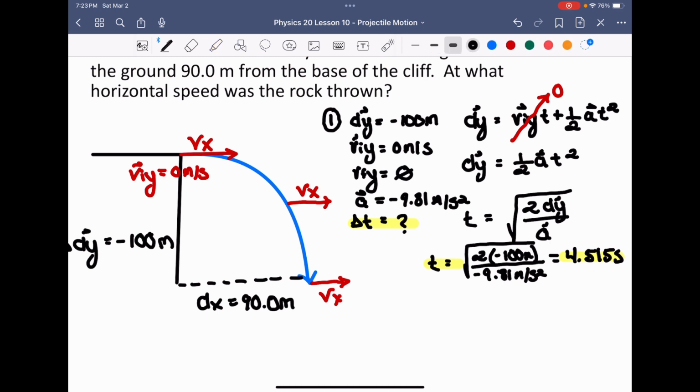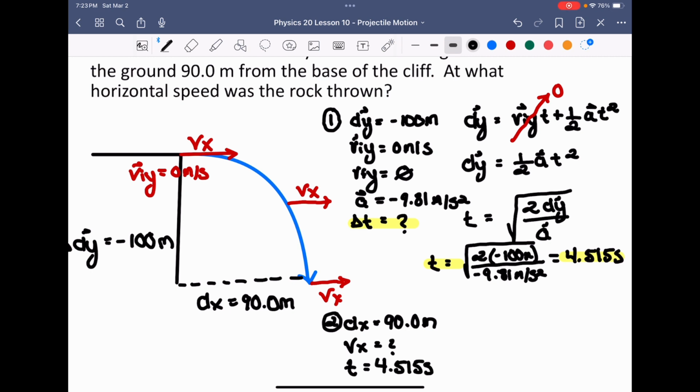Now it comes to step number 2. Step number 2 is to say, if I've used the accelerated motion to solve for time, to get the speed in the X direction, I'm going to use the uniform motion equation. So step number 2, I list my variables. dx was equal to 90.0, that's the distance it travels in the X. I'm going to say that my speed in the X is unknown. I know that the time spent is the same as the previous part, so 4.515 seconds.